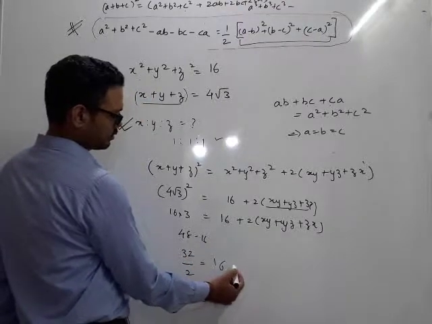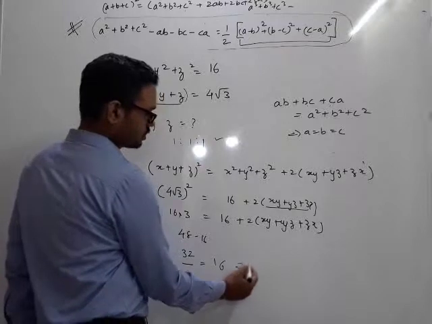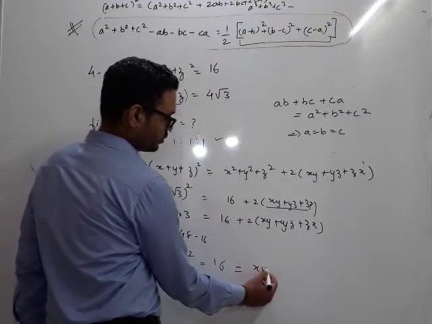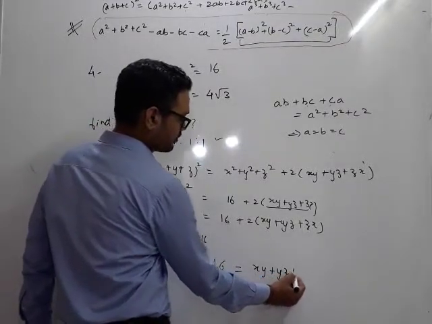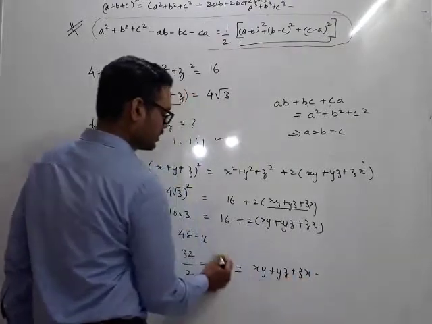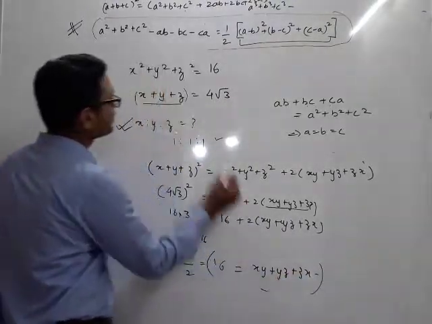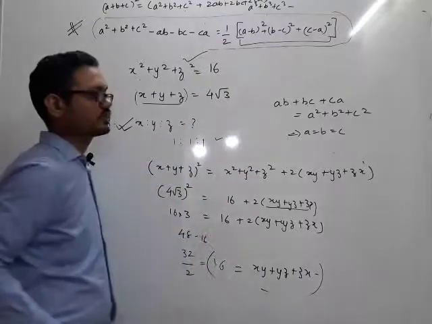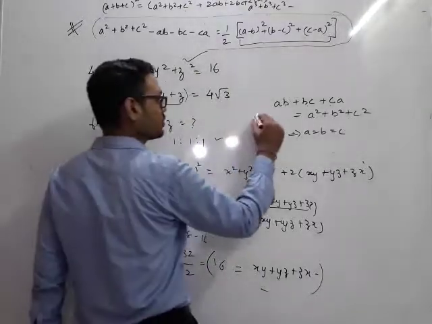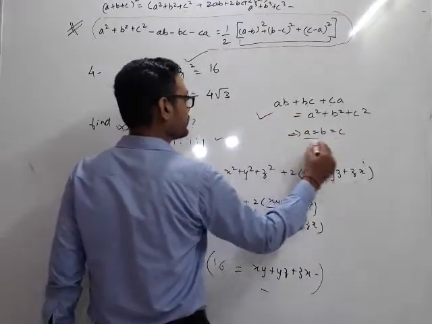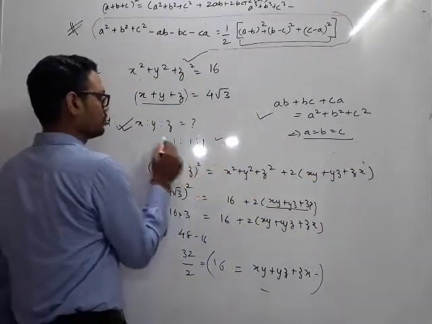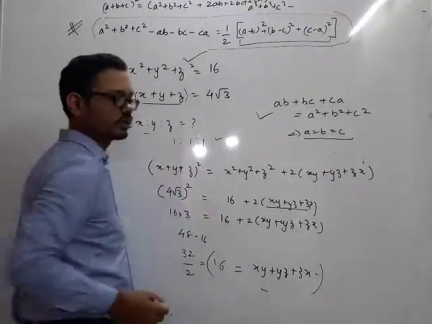So it will come down to 16. So again we have got xy plus yz plus zx is nothing else but 16, which is equal to x square plus y square plus z square. And once this is equal, which implies this, so this ratio will be 1:1:1.